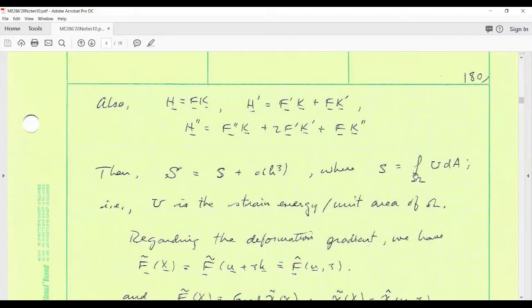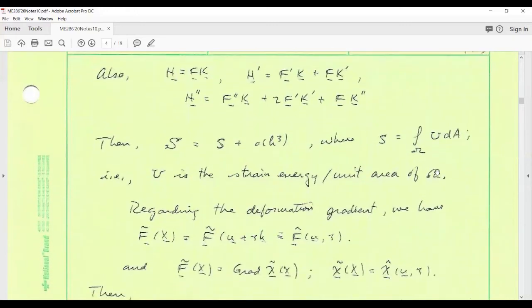That's the leading order, or the order h cubed approximation to the strain energy, which now involves only an integration over the midplane. And the argument here then is the approximate value of the strain energy per unit area of the midplane, valid to order h cubed. And it's a function only of u, the midplane position, vector u. Okay?